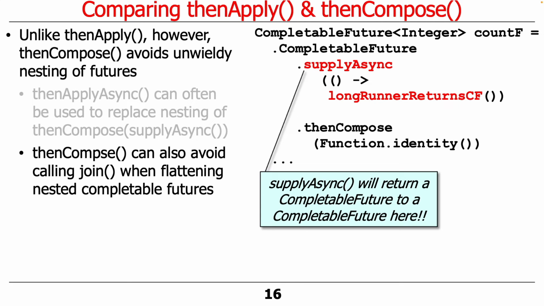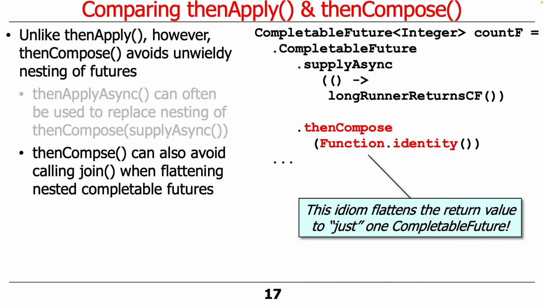So if that happens, then you've got, once again, this completable future to completable future issue. And one way to get around this is to use thenCompose with function identity to flatten out the return value so there's just one completable future.